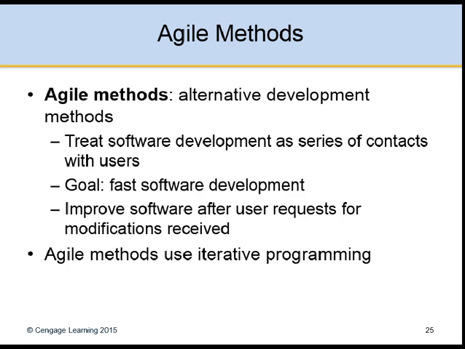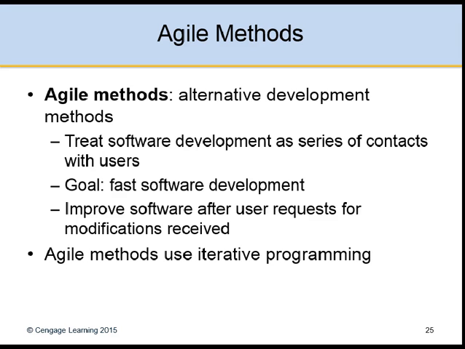When not to use agile methods. Don't use agile methods when the desired system is large or complex, or when system failure entails great financial loss. You also don't want to use agile methods when the desired system must interface with other systems.